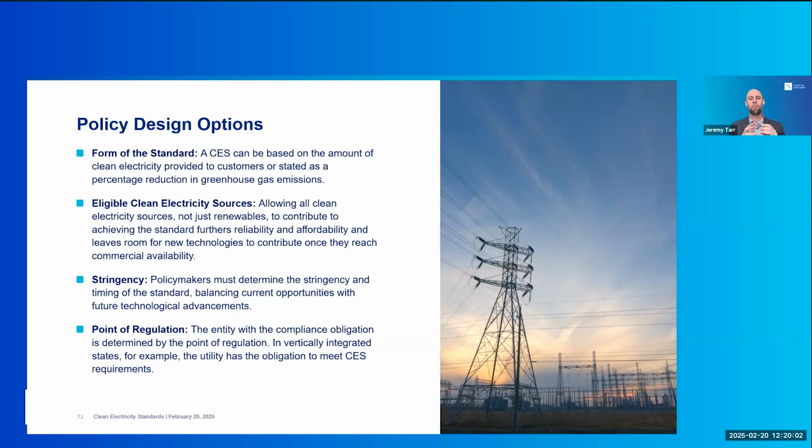It also covers in-state emissions. And so if a state is generating electricity in-state for export, then the emissions-based CES would cover in-state generation, even if that electricity is exported and then consumed in another state.